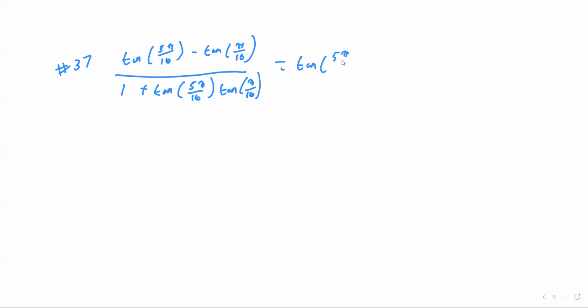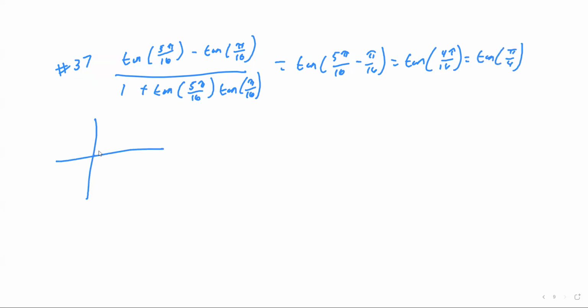So this would be 5 pi 16ths minus pi 16ths. When I do the math here, I get tan of 4 pi 16ths, which reduces down to tan of pi fourths. So when I come back over here, again, pi fourths is located right here. Square root of 2 over 2, comma square root of 2 over 2. So this just gives me square root of 2 over 2 divided by square root of 2 over 2 for my sine over cosine, which will just give me 1. All right, let's do another one.